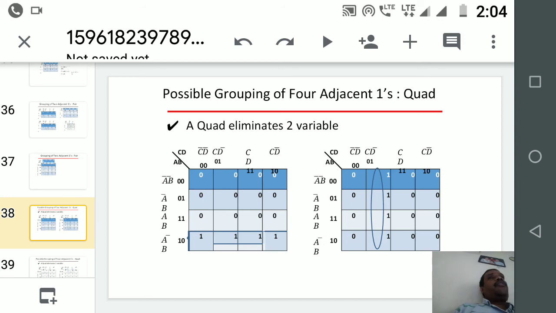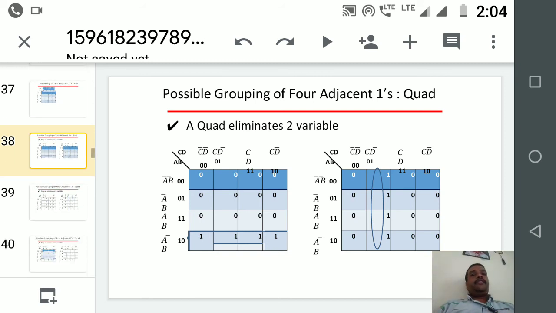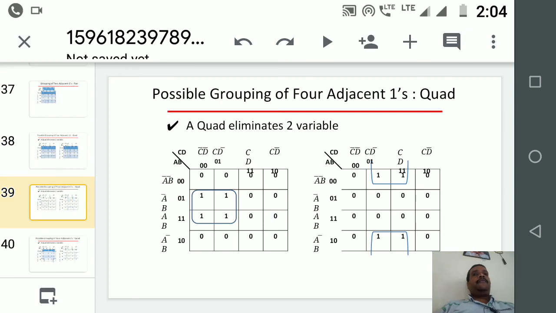And when you make the quad, at that time 2 variables are eliminated. This is another example. Which point is noted here? When a quad forms, then 2 variables are eliminated.